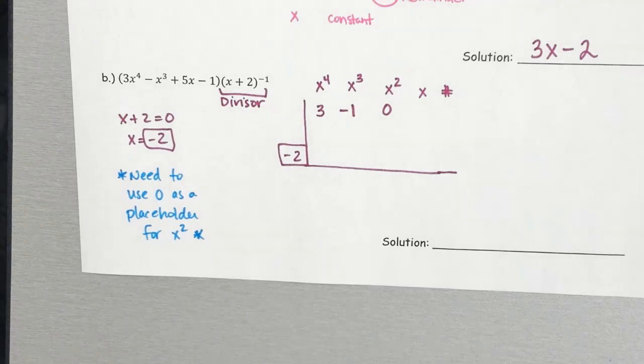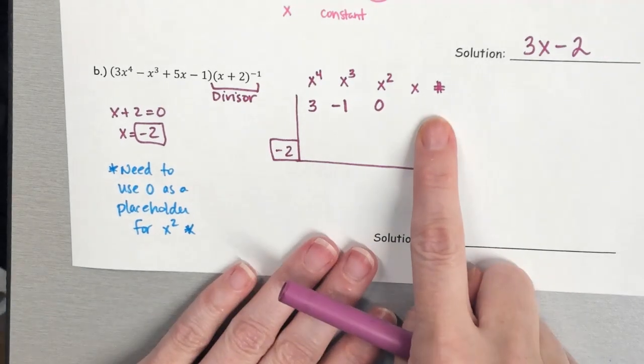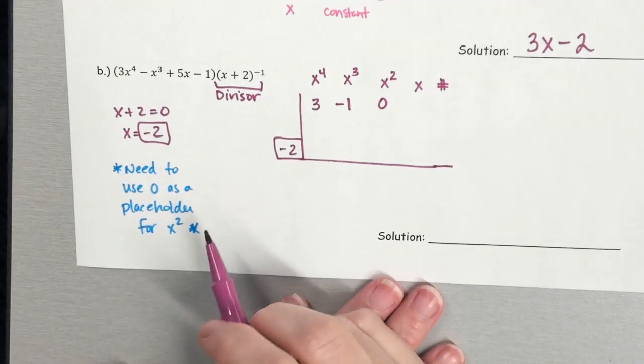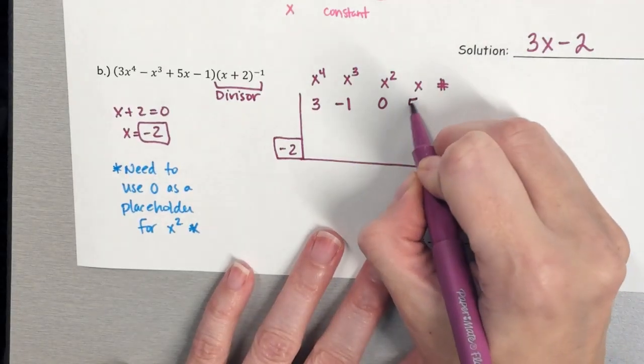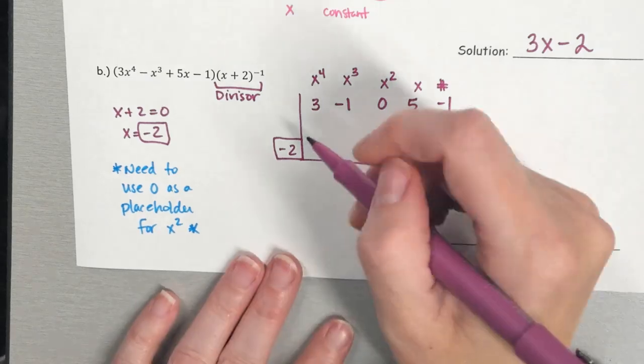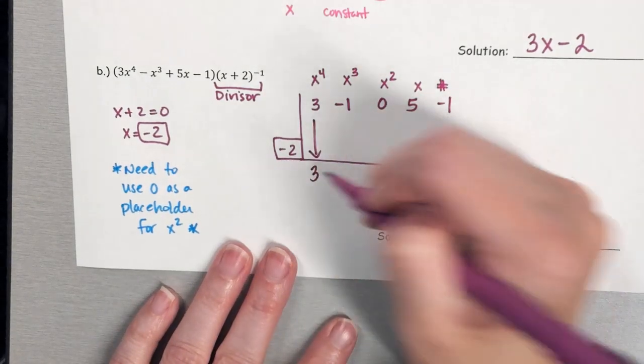So anytime there's something missing, even if it's a constant term, you do have to use 0 as a placeholder. If there's a gap in between those terms, you do have a coefficient of x, you do have a constant, so you're good. And then your first step is always to drop that down.